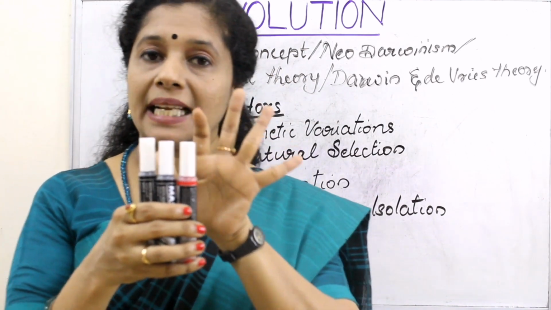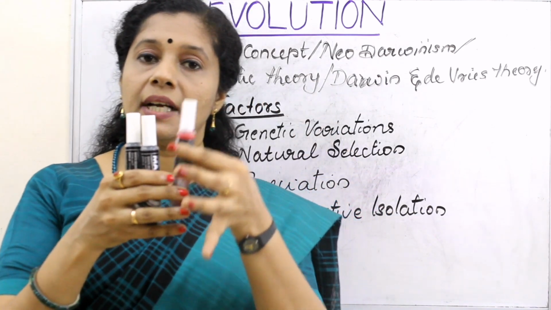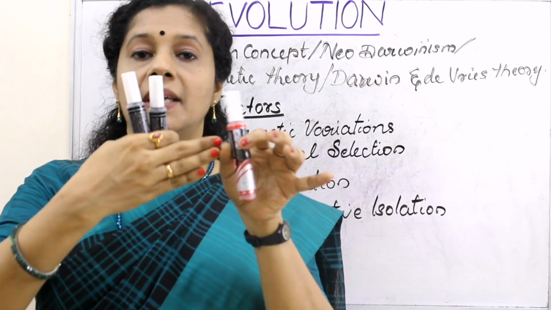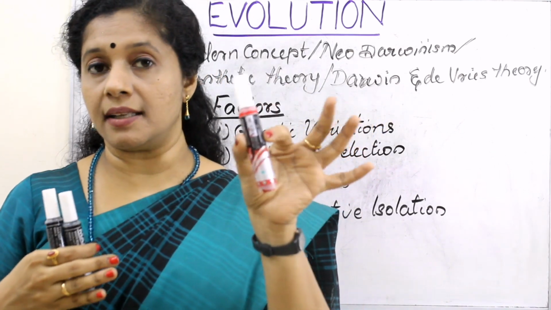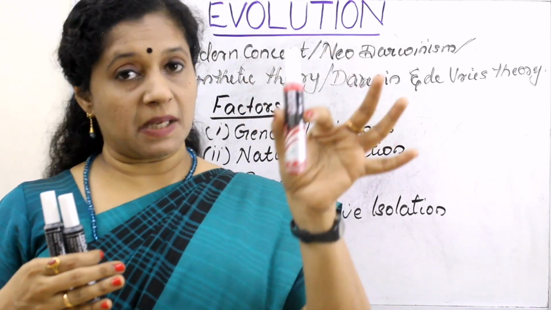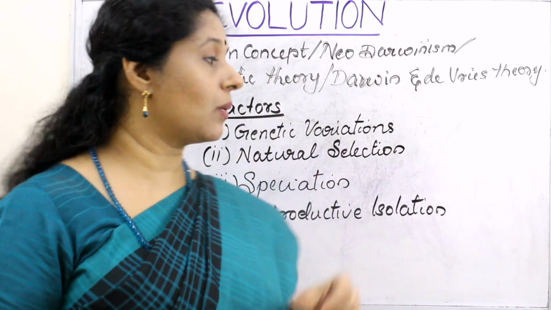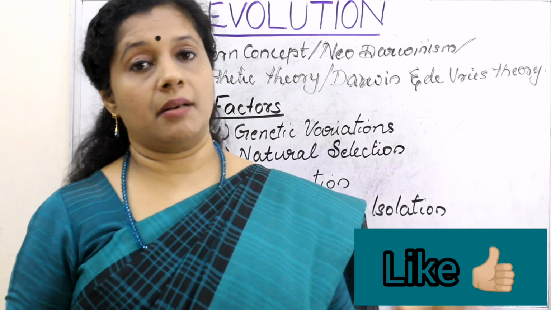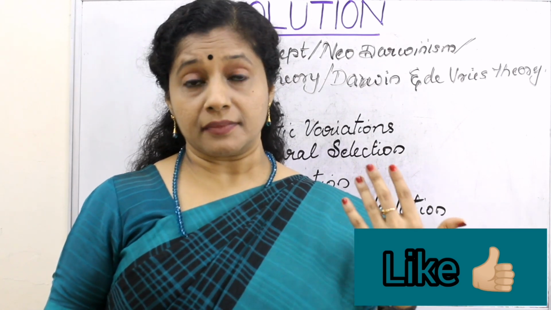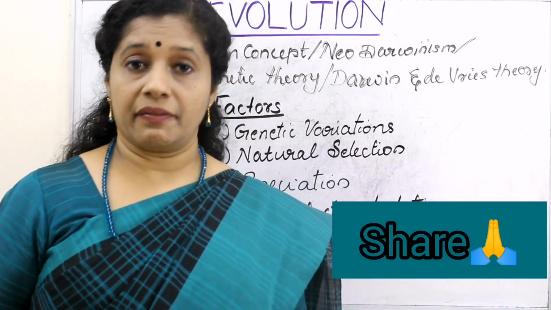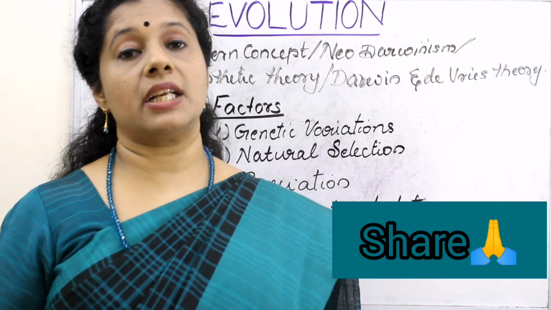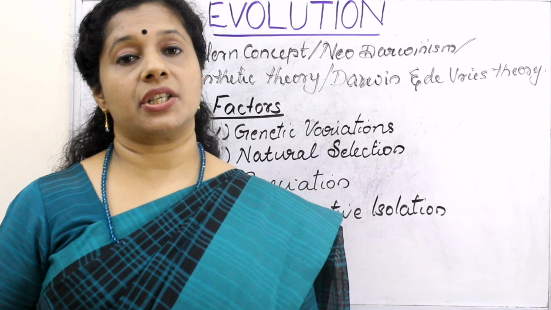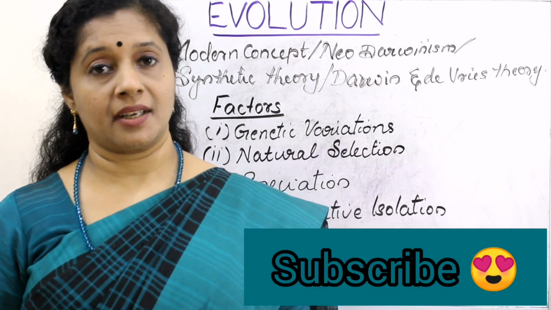But when this minor change is happening, if the red one is isolated from the original population at that time, then further changes may accumulate in it, which will lead to speciation. So for speciation, what is required? Reproductive isolation. Reproductive isolation can occur in many ways. It may be due to geographical isolation, mechanical isolation, gametic isolation or genetic isolation. Any type of isolation can happen in this regard.